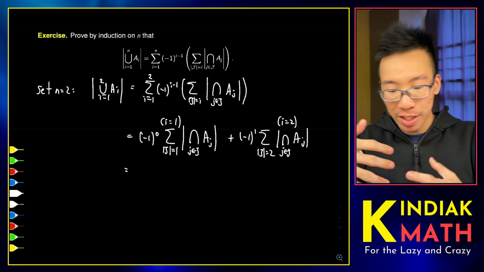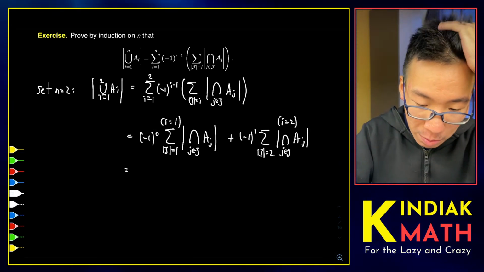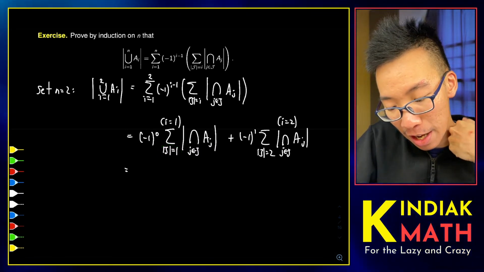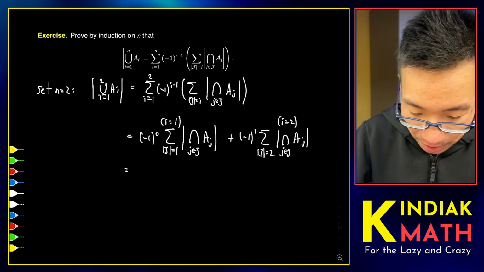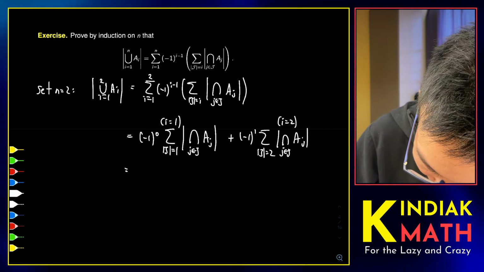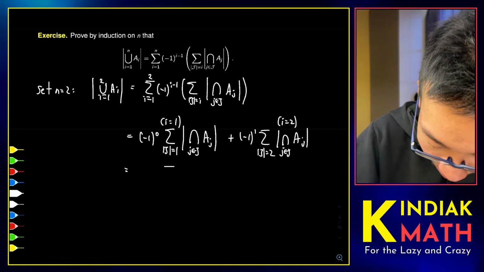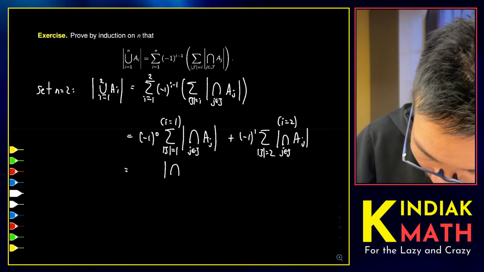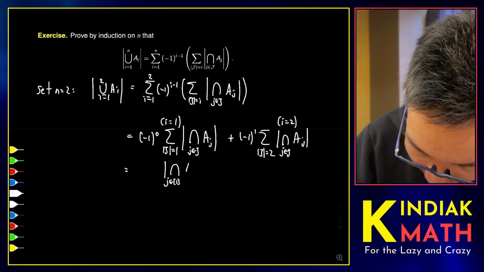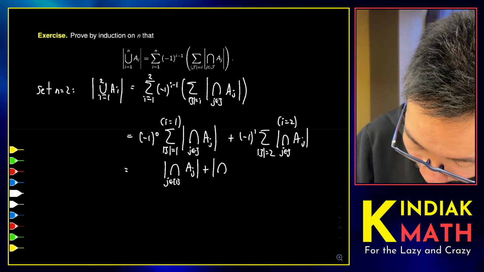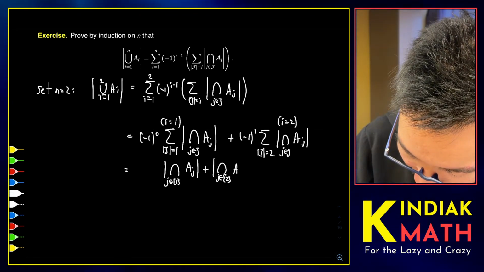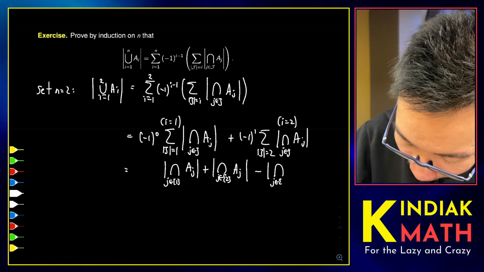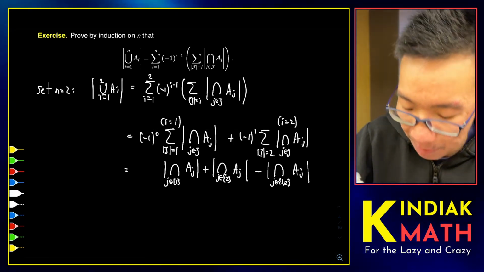And what we obtain over here, if we were to slowly check, well, for size of J equals 1, we only have either j equals 1 or j equals 2. So that gives us the intersection over j in the set containing 1 of Aj, plus j in the set containing 2 of Aj, minus j in the set containing 1, 2 of Aj.